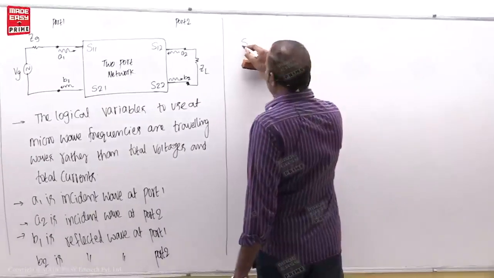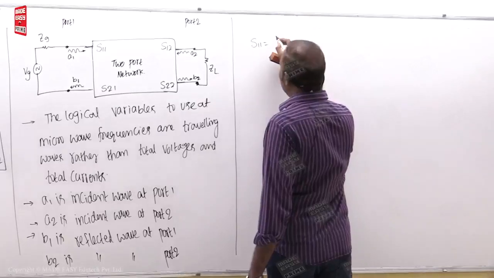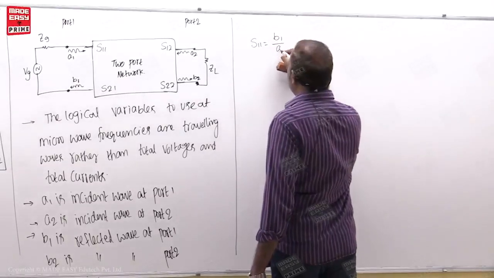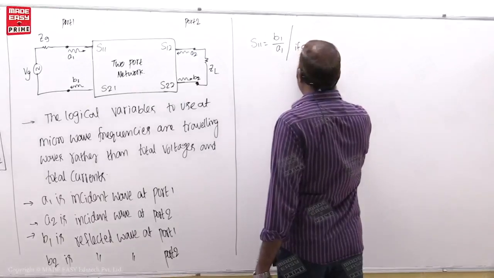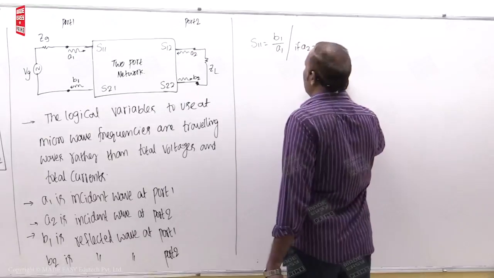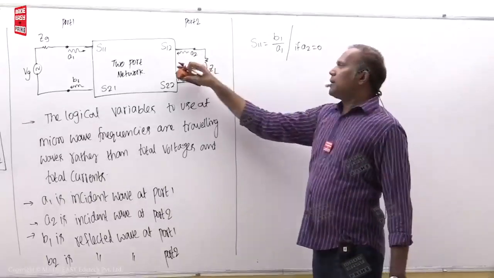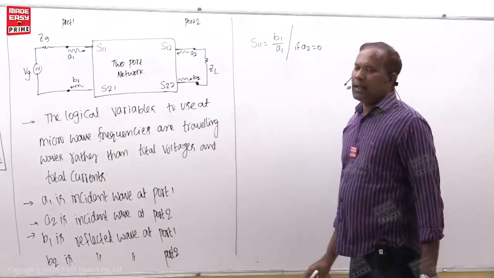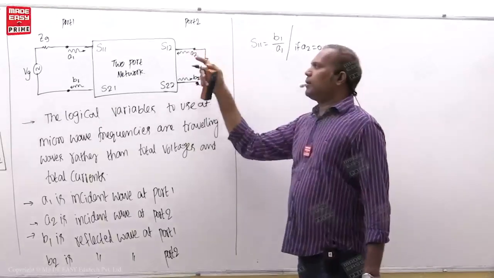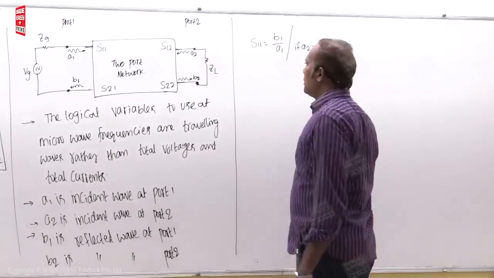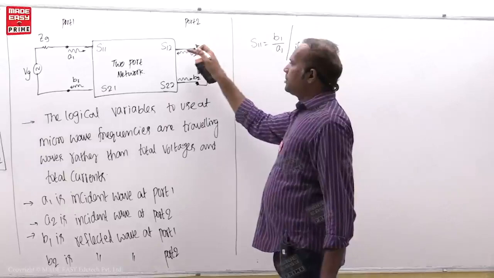S11 is equal to B1 by A1, provided A2 is equal to 0. That means A2 equal to 0 is where matching is done in such a way that there is no source and matching is also done. No signal enters port 2 here.